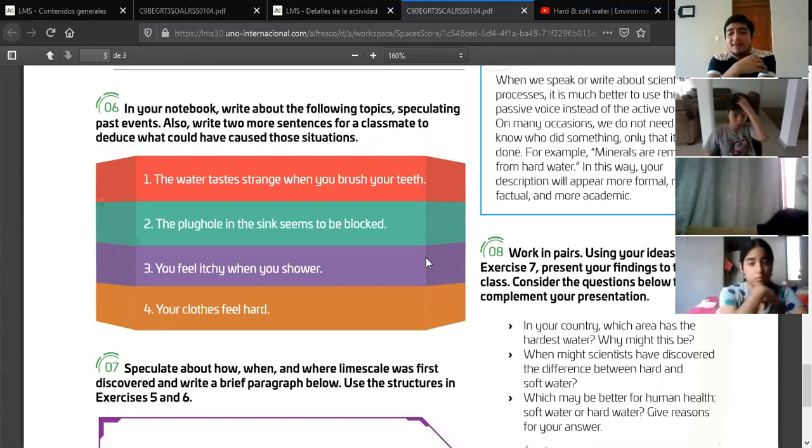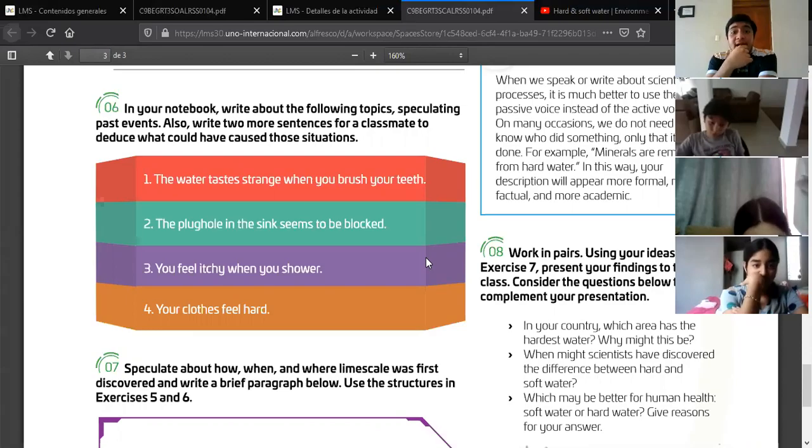Itchy es cuando te da una rasquera, una comezón. Because of the plug hole in the tap. Okay, because of the what again? Plug hole in the tap. Okay, because of the plug hole in the tap, you might feel itchy when you shower, or you could feel itchy when you shower. Okay, perfect.